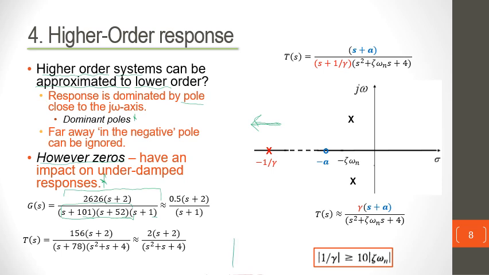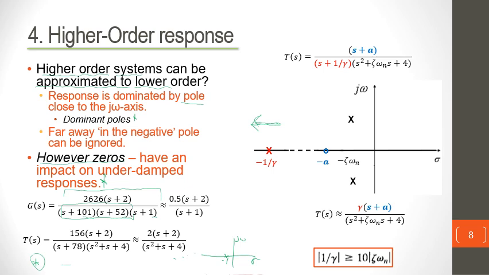So if you're going to plot this on the S-plane, the one which is negative 1 might be here, and then the one that's 50 would be somewhere here. So you'd have a pole here and you have another there. This pole is going to have a minimal impact on the response of the system.